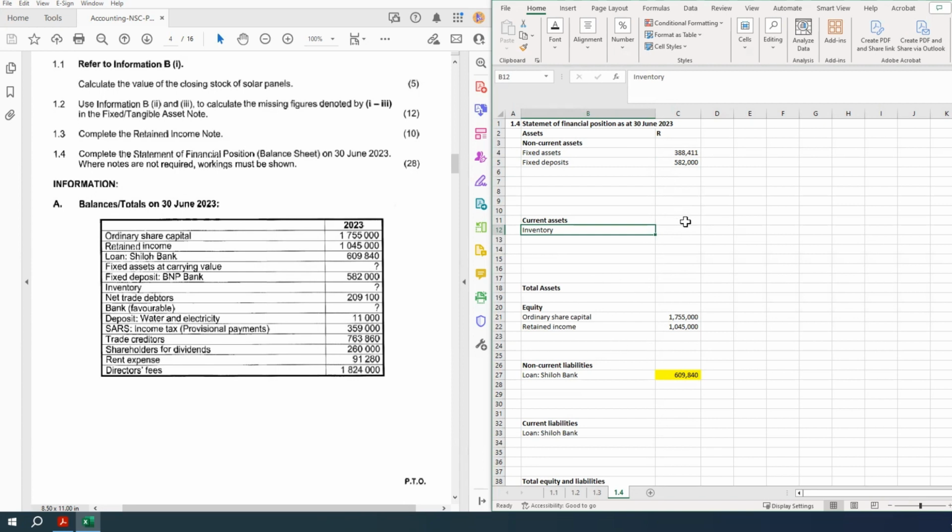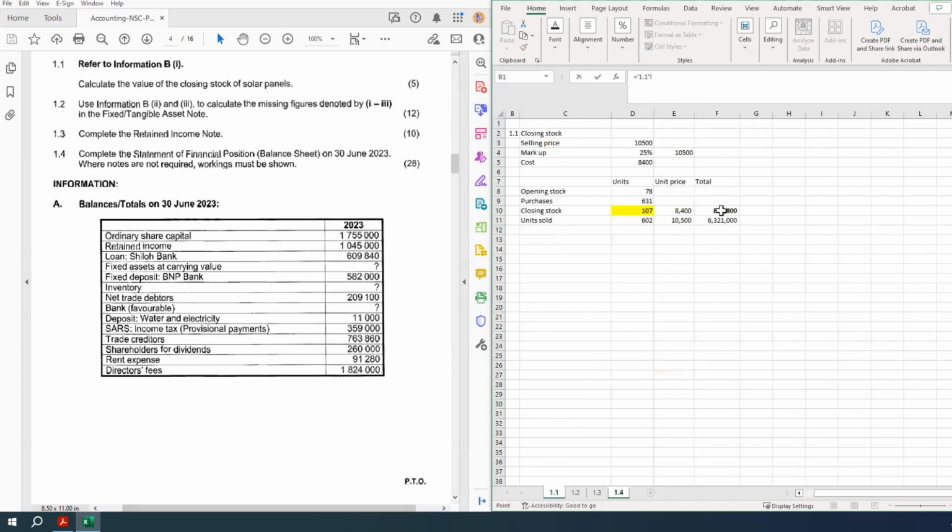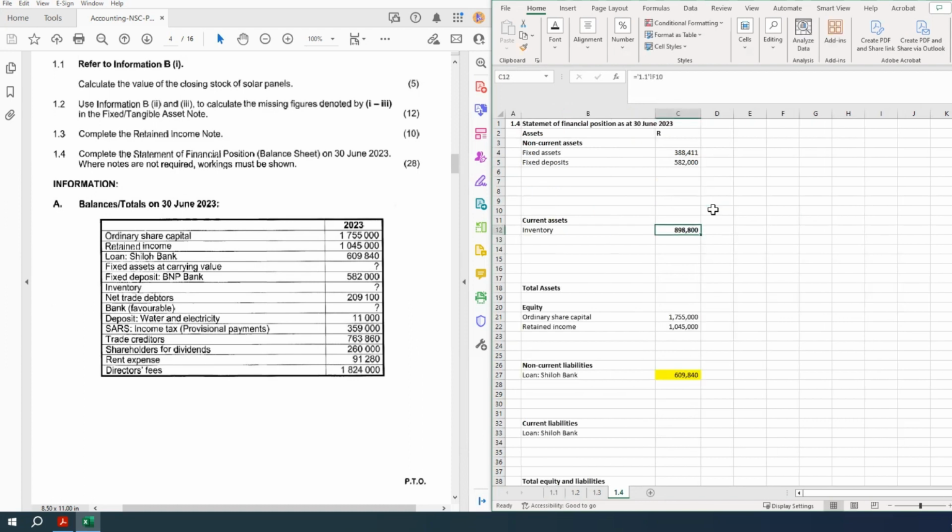Okay, so let's just do the linking. All right, so it was 898,800. That was the closing balance of inventory that we calculated. And then next, we've been provided with net trade debtors.